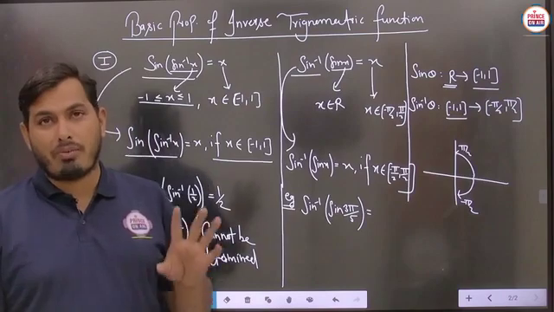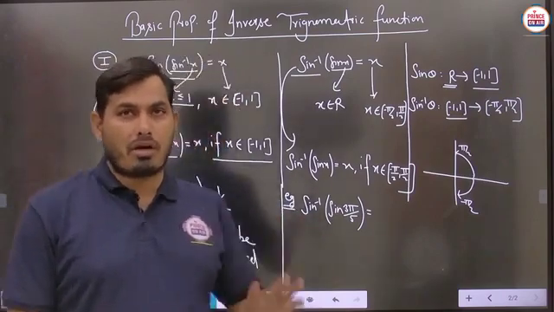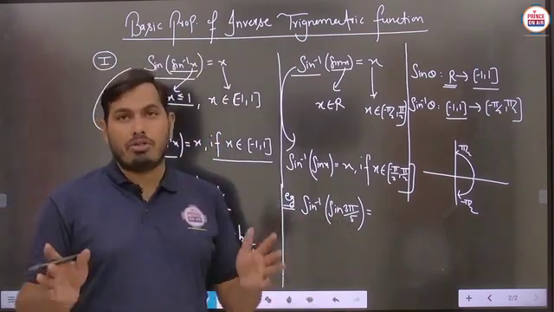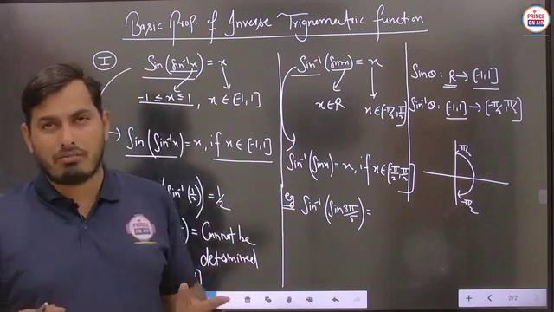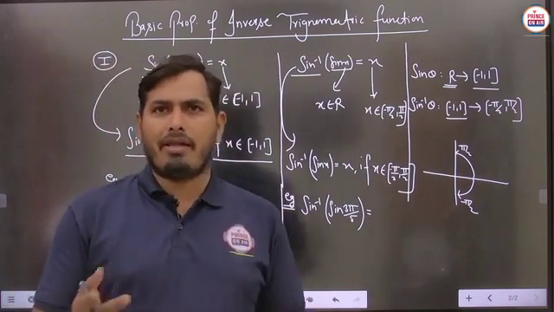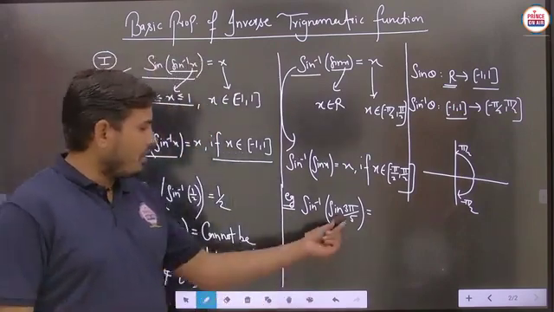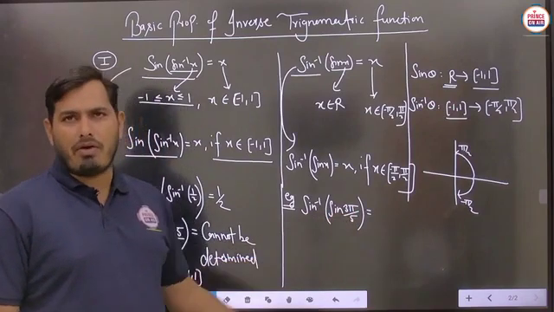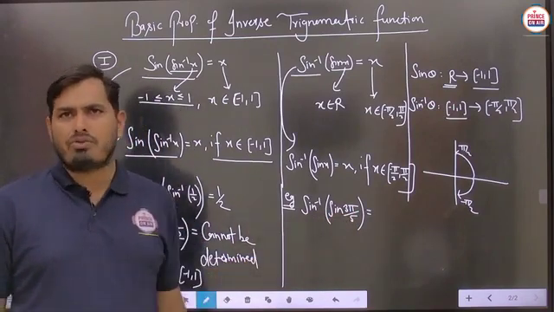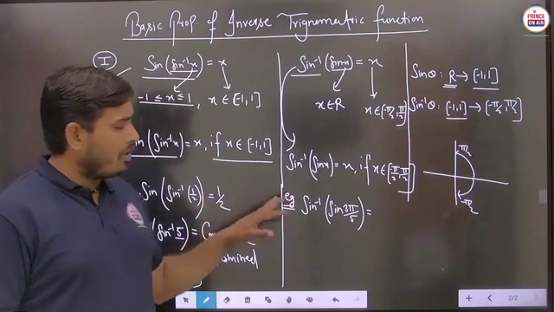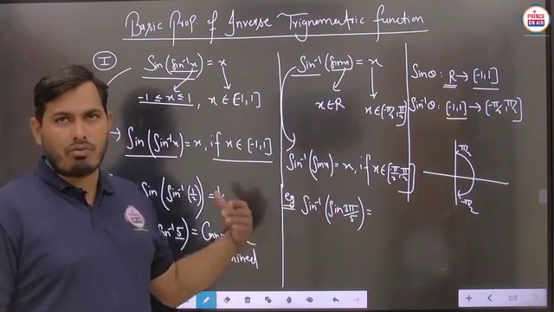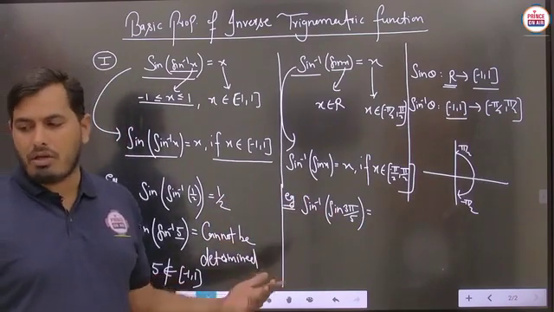So in such types of cases, we have to just transform. And student, the transformation you have already read in class 11, because some allied angles we have to simplify, then definitely we have to transform each and every angle. So the transformation part is very important here. So if we know about the transformation, then you can simplify this answer, otherwise you cannot simplify the answer.